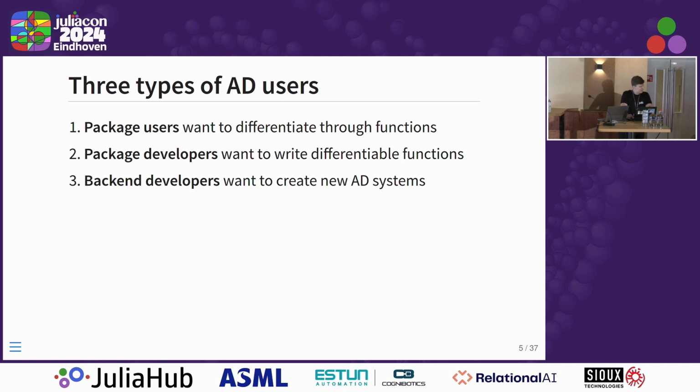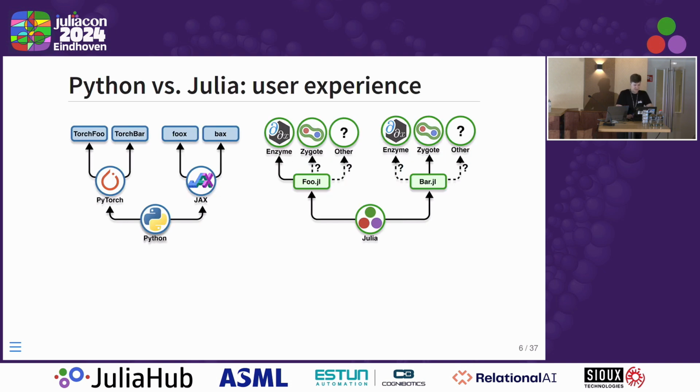And I would like to sort of motivate this by comparing it to the state in Python. So let's say we are a user and we need to make use of two packages, a package foo and a package bar. So the way you would do this in Python is that you would first pick a framework, which is basically a domain-specific language. So the big ones are PyTorch, TensorFlow, and JAX.